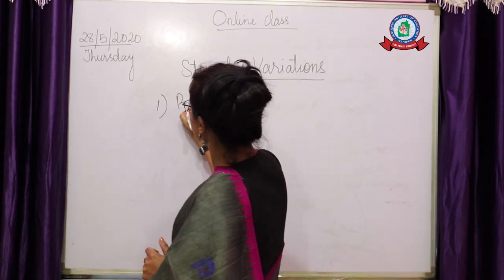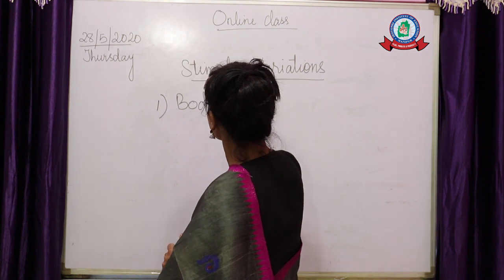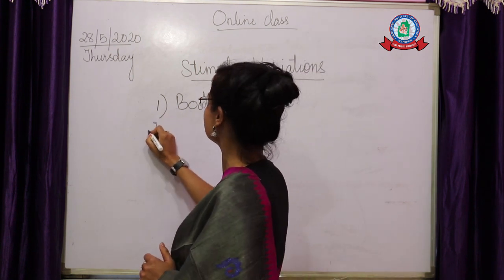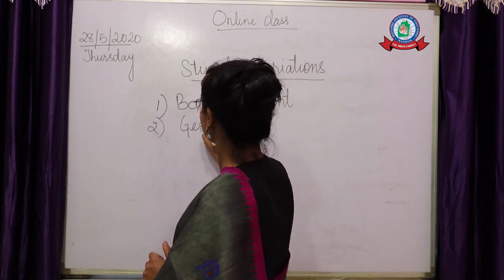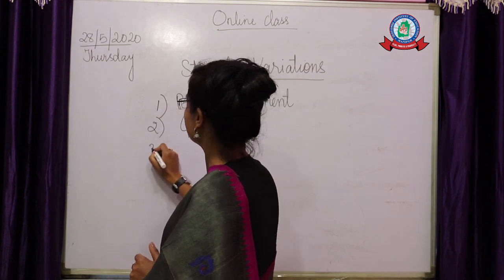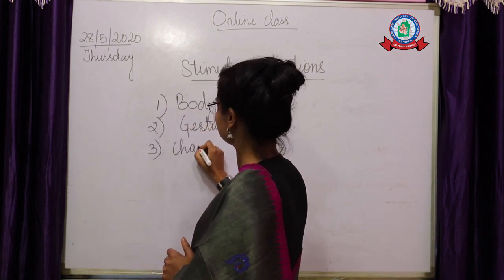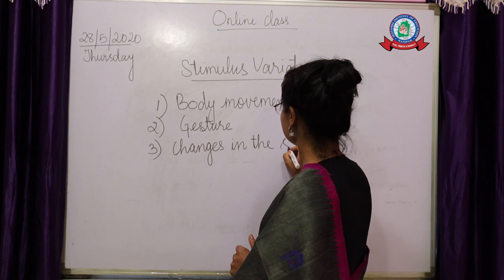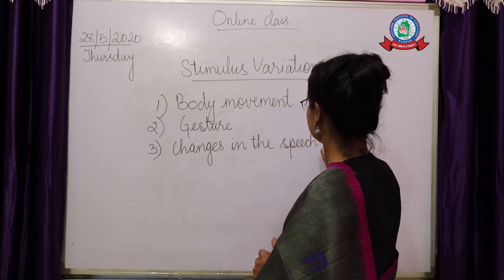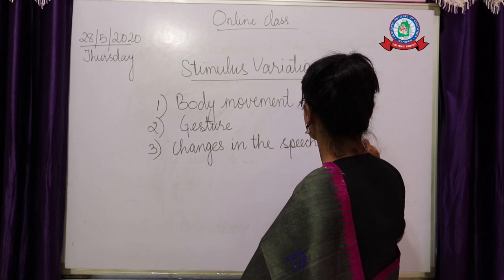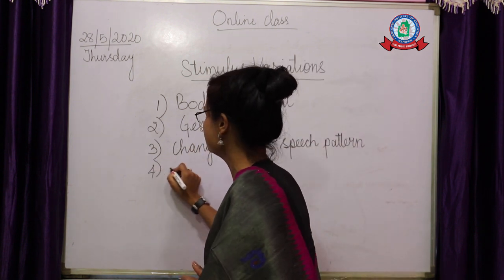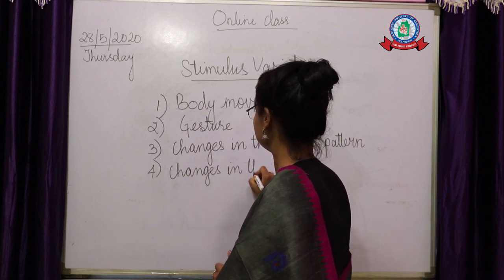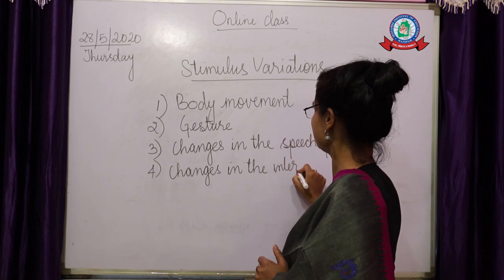number one, we have body movement. We can have gesture. We can have changes in the speech pattern. We can have changes in the interaction style.